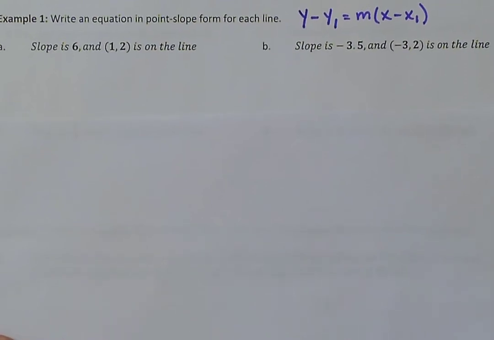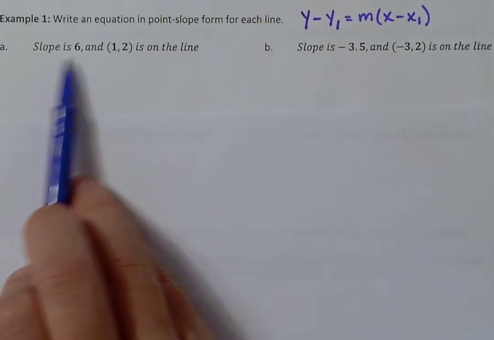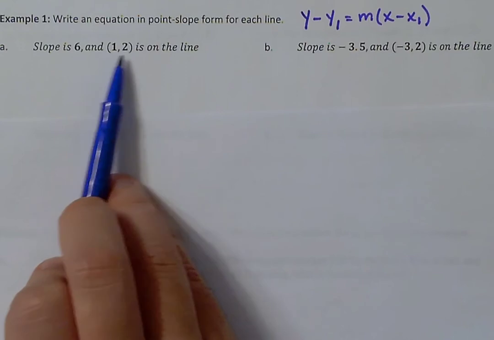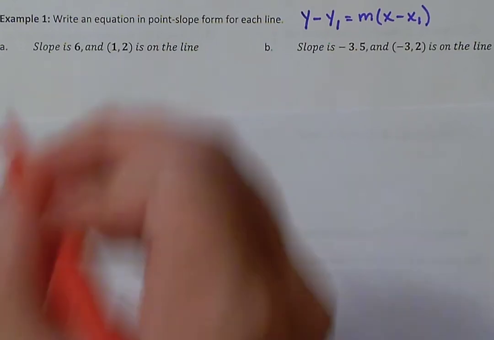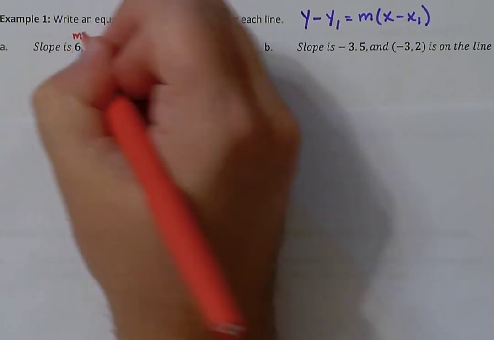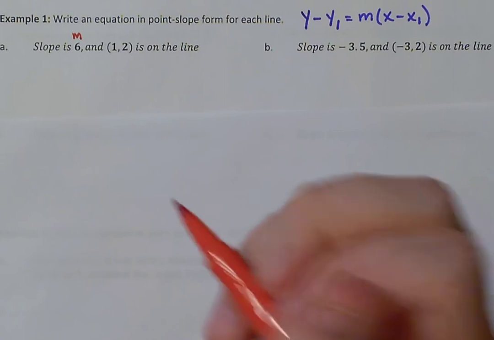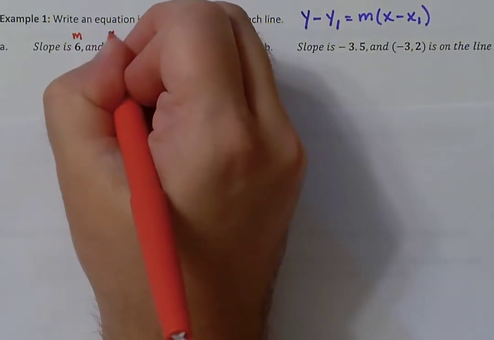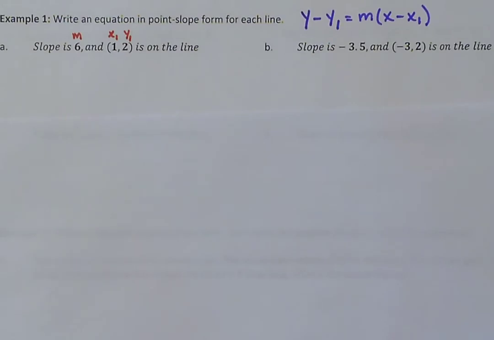For example 1a, they state that the slope is 6 and that the point (1, 2) is on the line. So they tell me my slope, which is m, and the point (1, 2), so this is my x1, y1. Unlike yesterday with slope-intercept, for point-slope we want to consider that as our x1, y1.